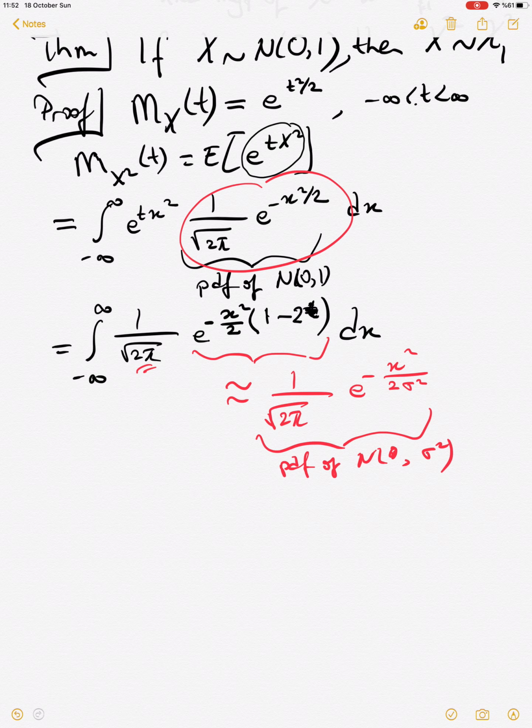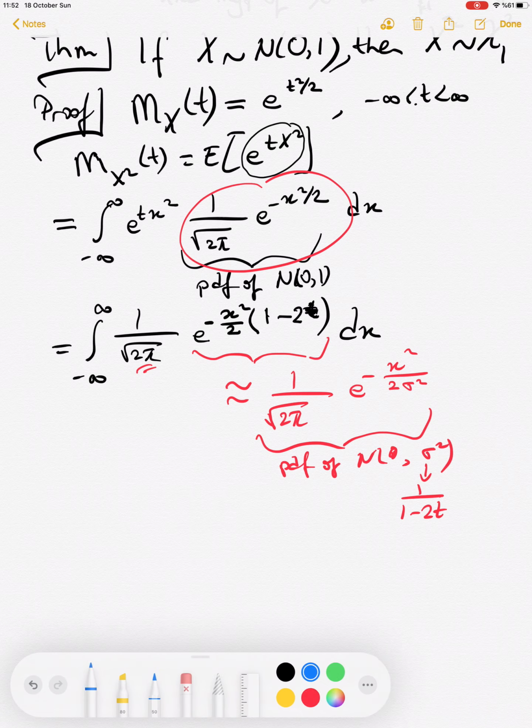Actually here we know sigma square. Sigma square will be 1 over 1 minus 2t, right? It is given like that, so we can replace it this way. But in the PDF form we have to include the sigma term, and we don't have that sigma term.